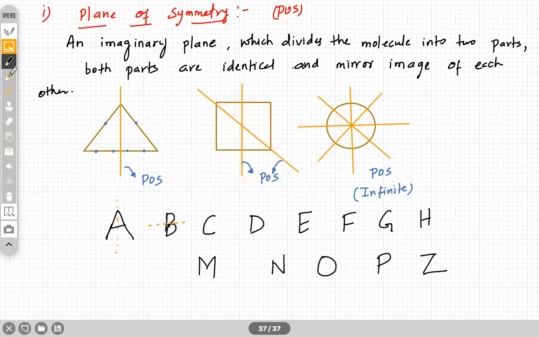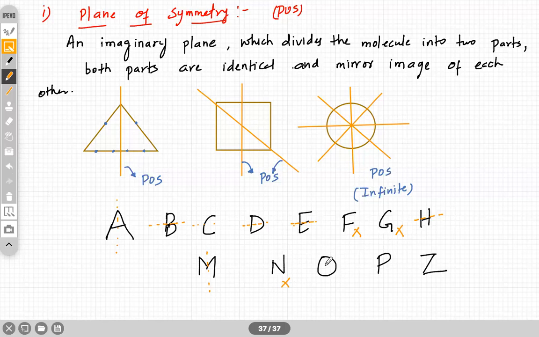In all these letters, what happens? We have a plane of symmetry here, here, here, and here. F does not have any plane of symmetry. Z won't have any plane of symmetry. We have a plane of symmetry here. M will have a plane of symmetry here. N, we don't have a plane of symmetry. I'll just correct it: no POS here.